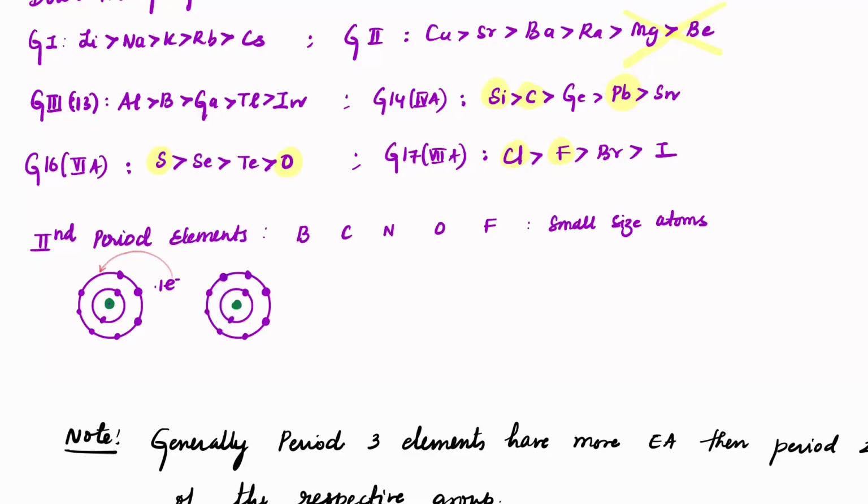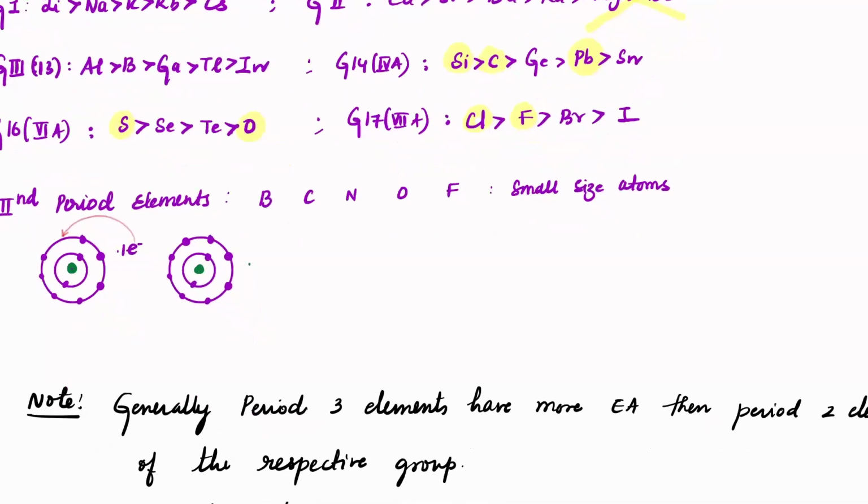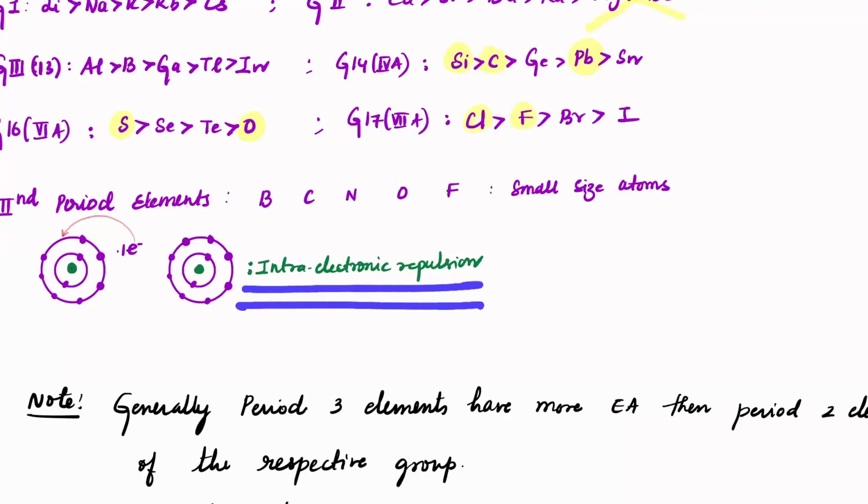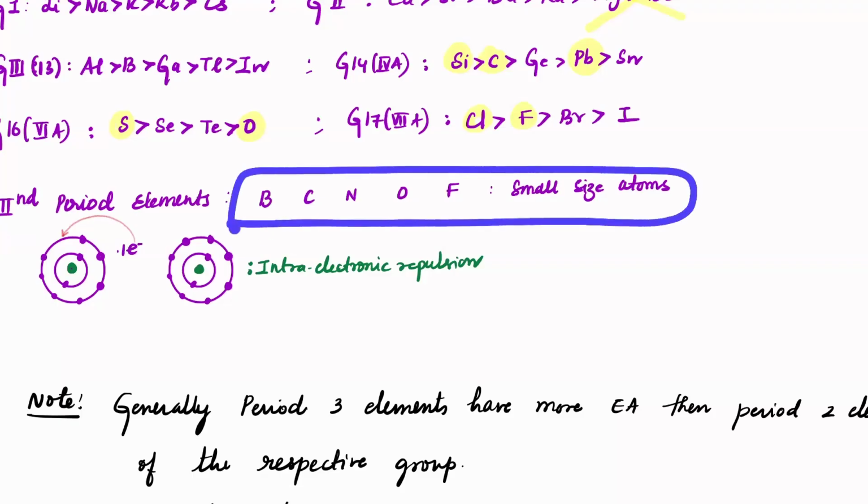So that gives you something called internal electron repulsions, so intra-electronic repulsions. Although energy is released here, it also needs to account for certain intra-electronic repulsions. And these intra-electronic repulsions would be relatively higher in second period elements because they are smaller sized atoms.